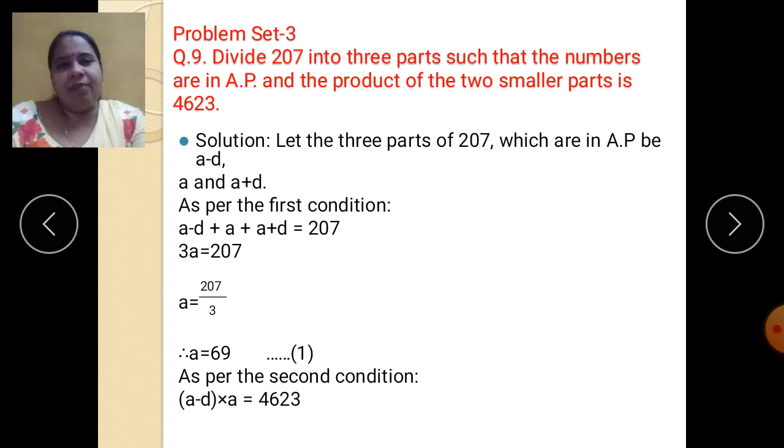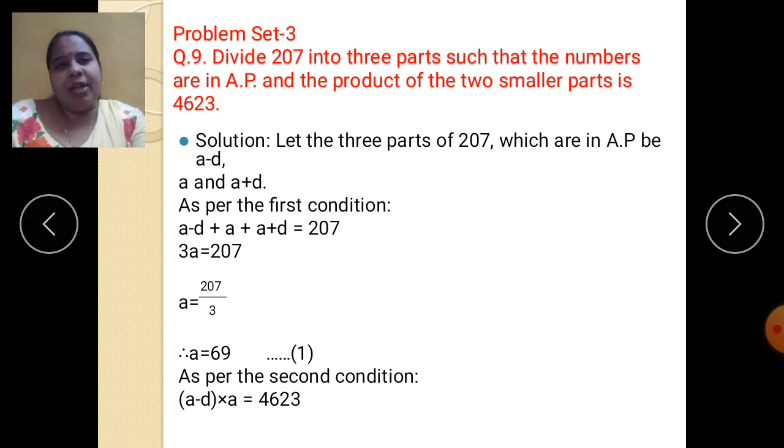Now I have taken one related sum from the problem set, that is the 9th sum. See, divide 207 into 3 parts such that the numbers are in AP. It is related to 3 consecutive terms in an AP. Correct? So our first step should be what? Let the 3 parts of 207 be A minus D, A and A plus D. Now I am giving you an example.